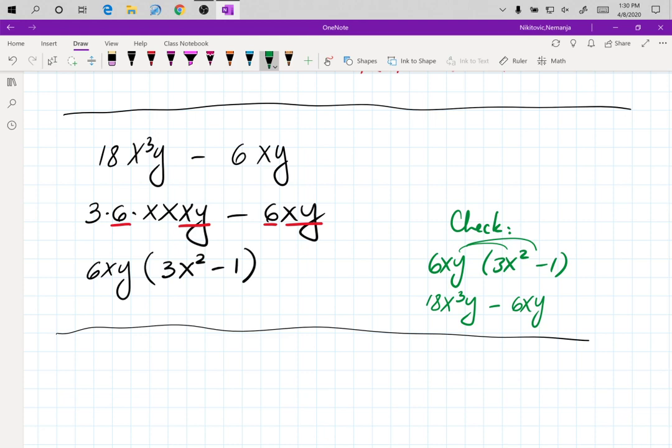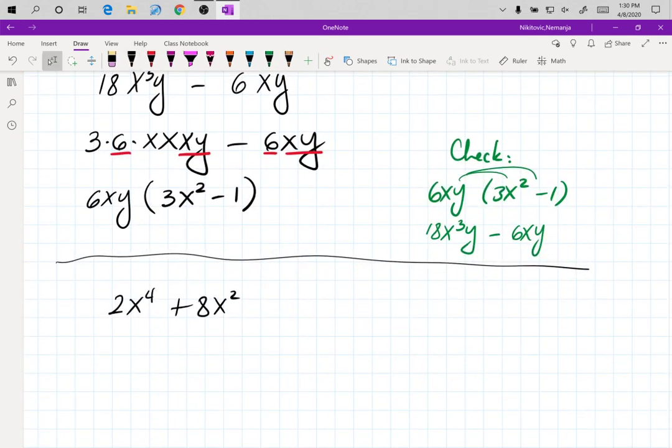Let's take a look at more of this stuff from the homework. Two x to the 4 plus 8x squared. Factor.